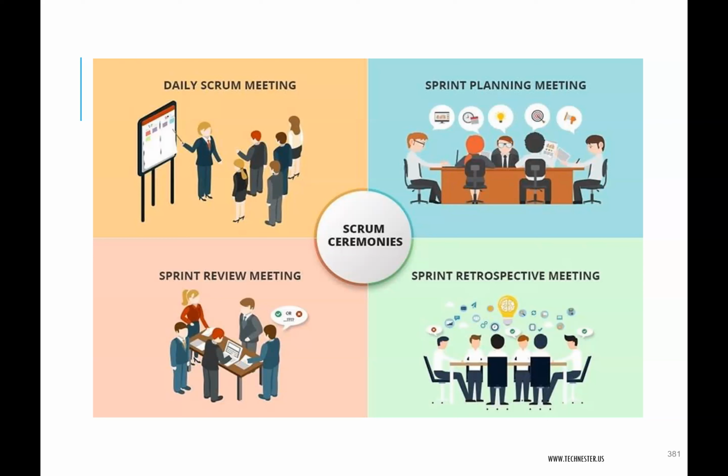Who can tell me what is done in a sprint review meeting? I'll try. Okay. So in the sprint review meeting, I think this is the stage where each of them comes together to give an update of the product they are working on.